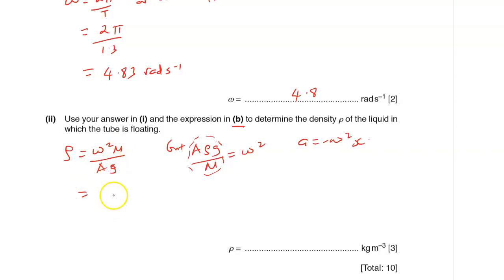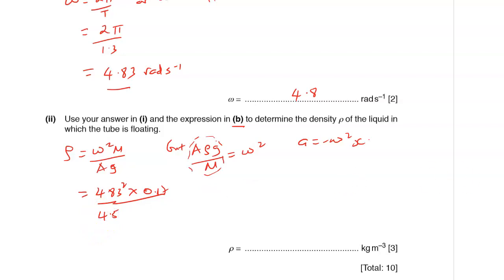This will give us, omega is what you have calculated here, so 4.83 squared times mass, which you're given up there as 0.17. This is cross-sectional area, you're given as 4.5.